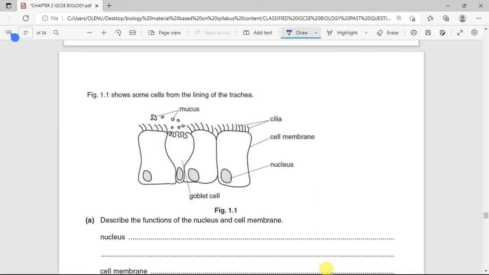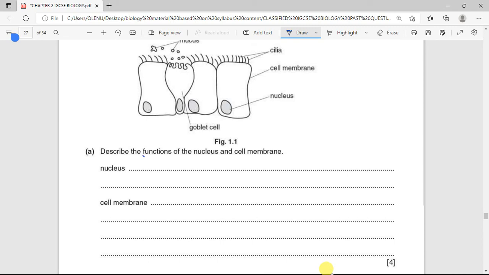Now, figure 1.1 shows some cells from the lining of the trachea. Describe the function of the nucleus and cell membrane. This is quite simple. Nucleus contains genetic information, and you see this is a 4-mark question, so you need more detail.